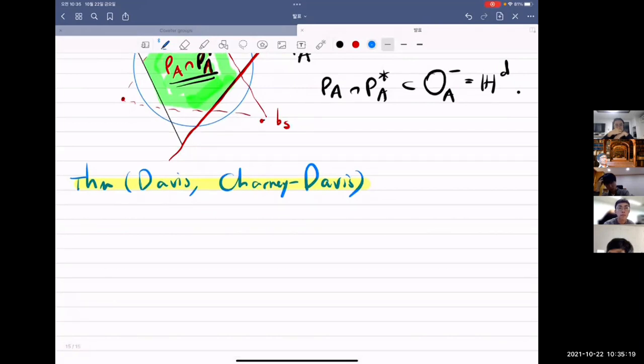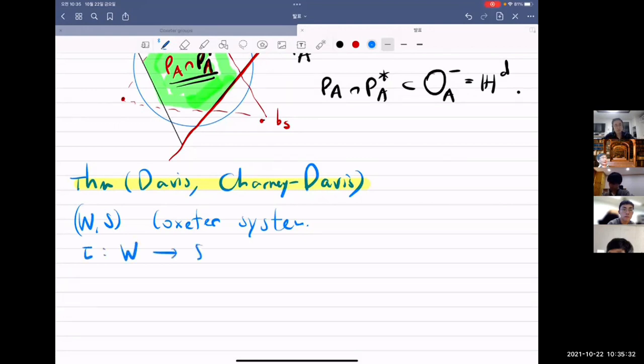So as usual, (W, S) is my Coxeter system, and we have a faithful representation, let's say tau.